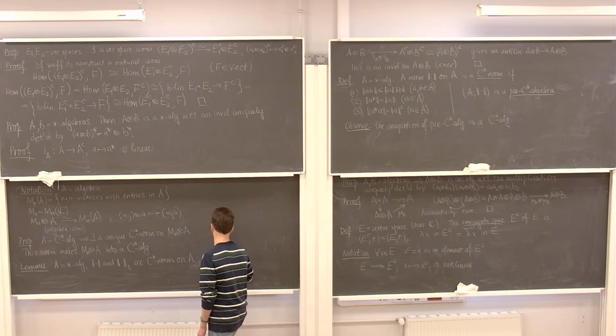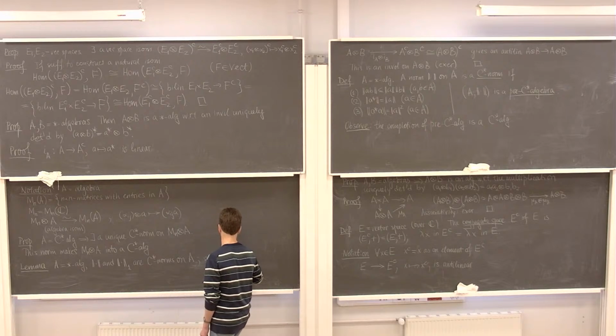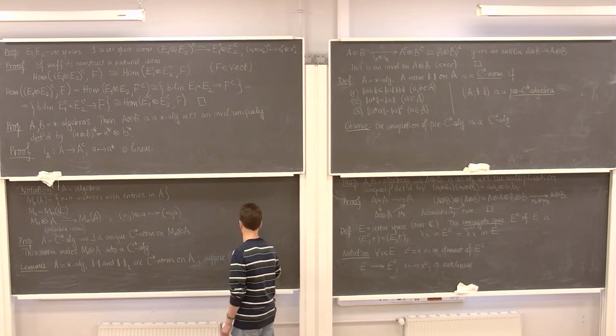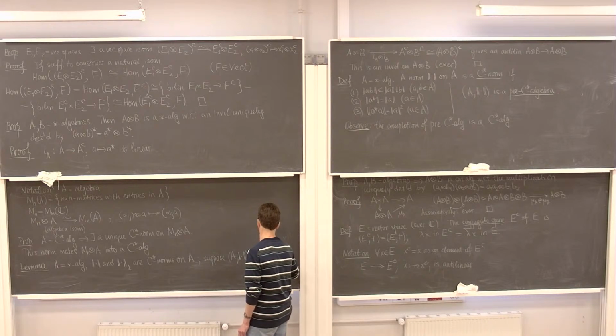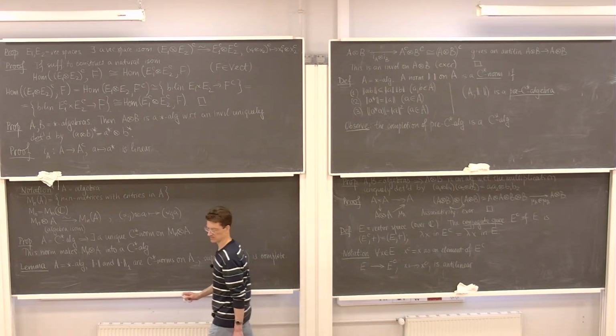Suppose that A is complete with respect to the first norm. I claim that then the norms are actually the same.